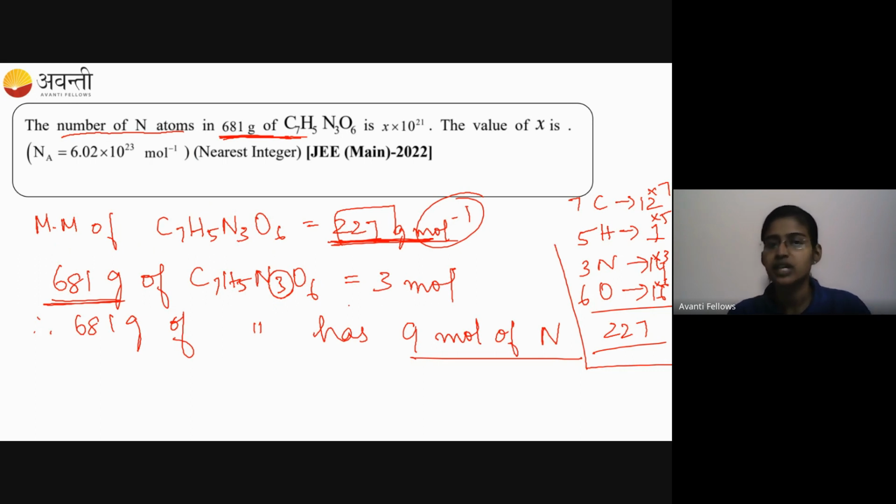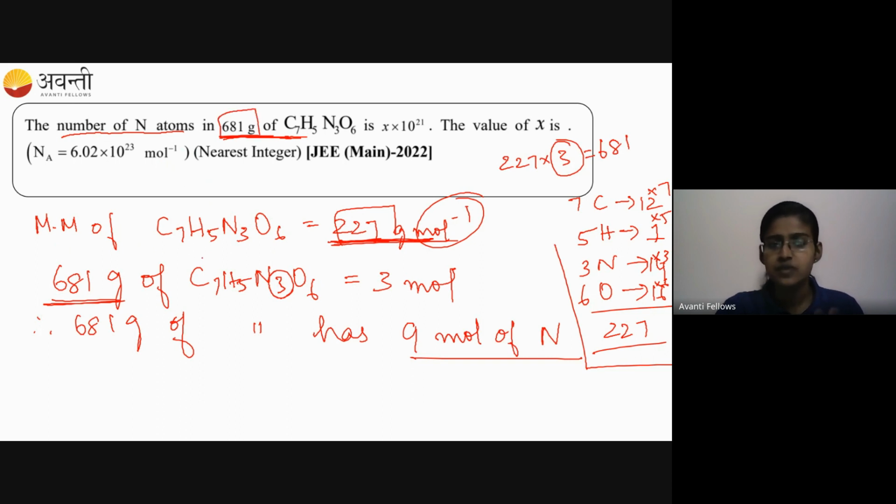So to find out that, I'm starting from the molar mass of the given substance first of all. So the molar mass is coming out to be 227, and for 681 it is 3, because 227 into 3 will give 681. Or if you divide 681 by 227, you will get 3. So 3 mole of the compound is present in 681 gram of this compound.